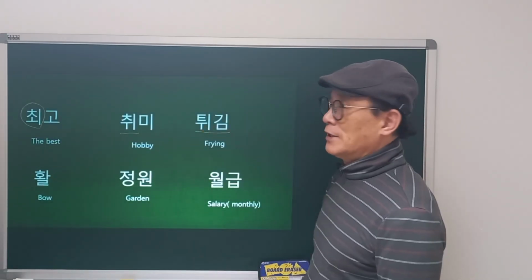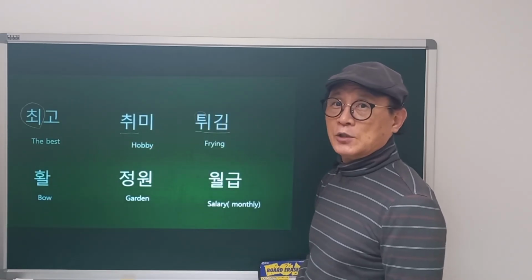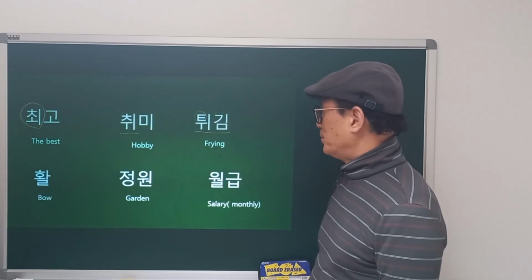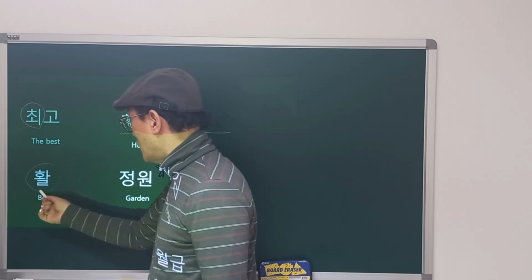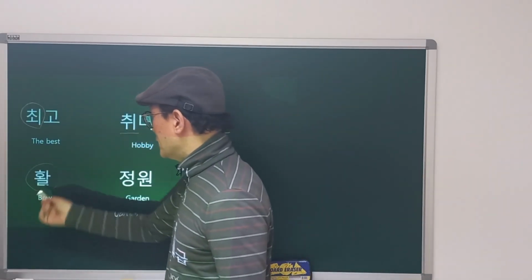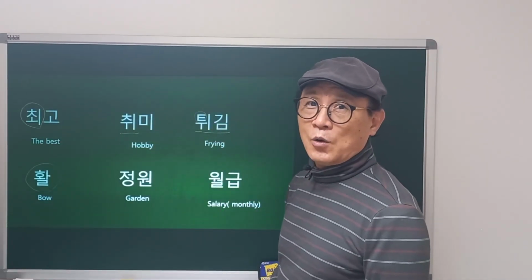U plus E, right? So T, this is a T sound. So 튀김, 튀김. O plus R, 화. So H sound, this one. Hat. So 활.